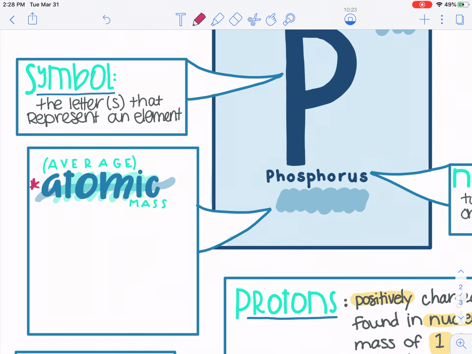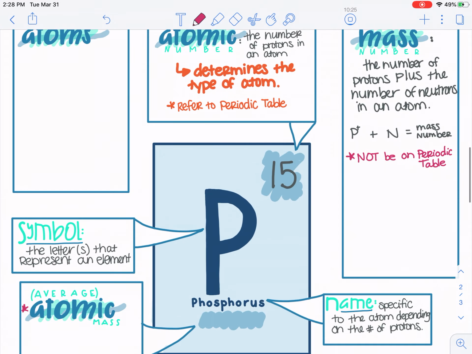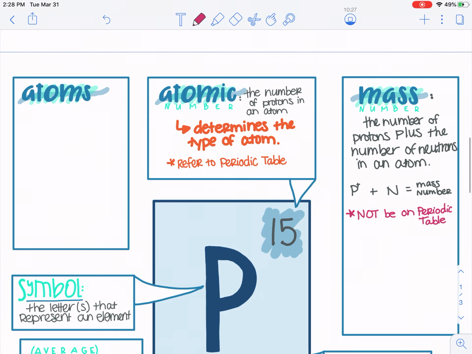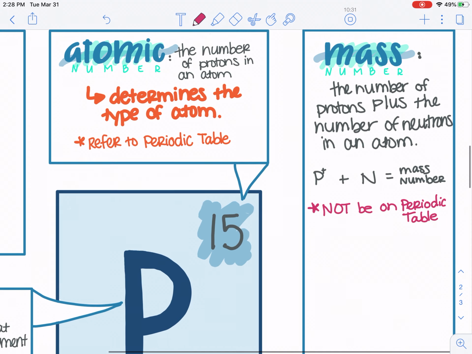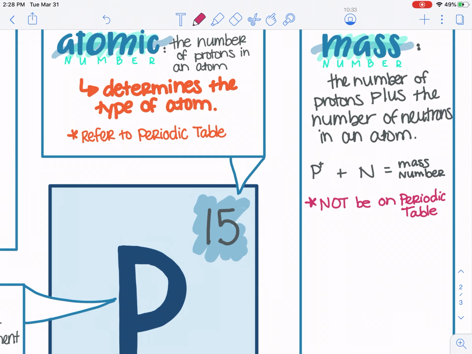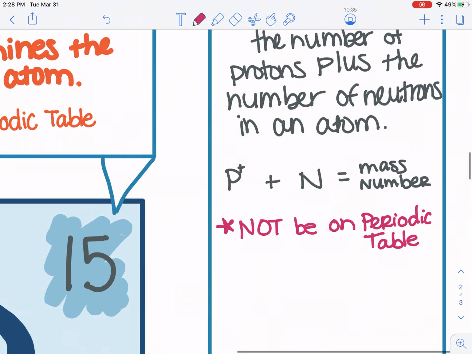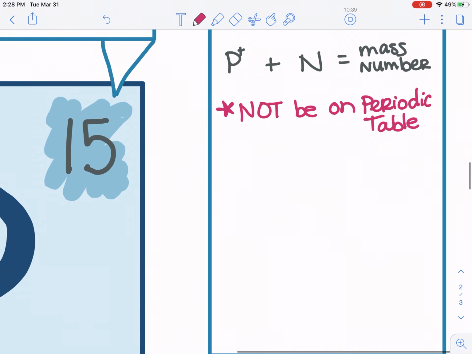Average atomic mass and mass number are not the same thing. The mass number is not on the periodic table. So we can determine the number of neutrons in an atom. If we know the mass number, we can figure out how many protons it has by finding its atomic number, which is on the periodic table.